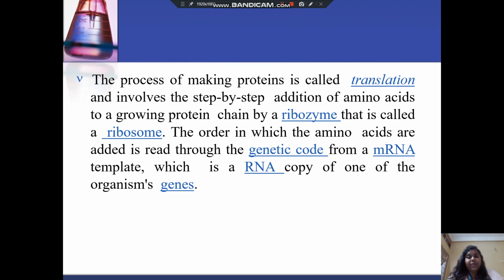The process of making proteins is called translation, and it involves the step-by-step addition of amino acids to a growing protein chain by a ribozyme, that is called a ribosome. The order in which the amino acids are added is read through the genetic code from an mRNA template, which is an RNA copy of one of the organism's genes.